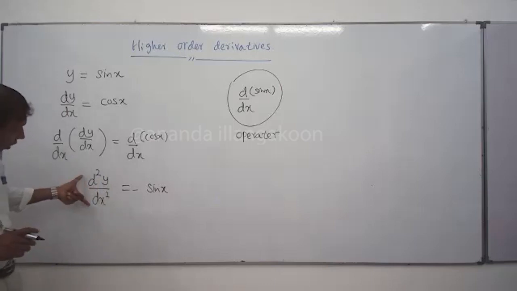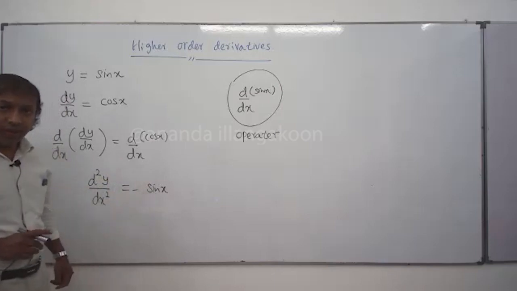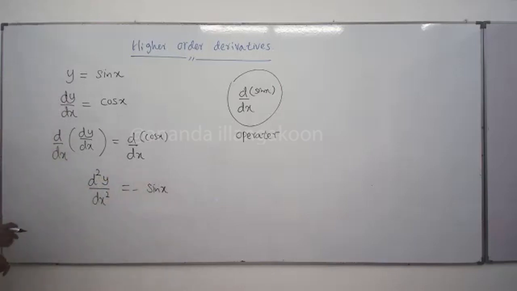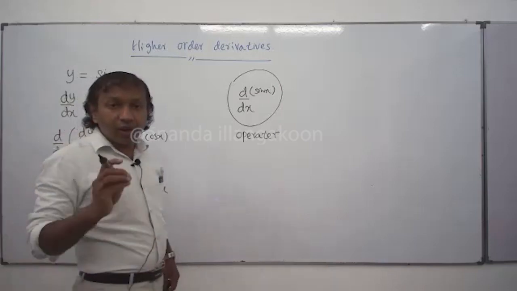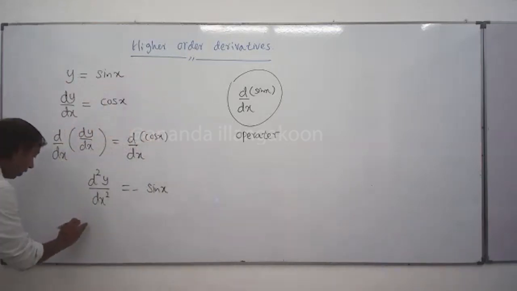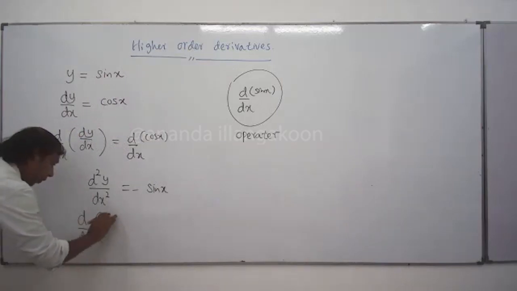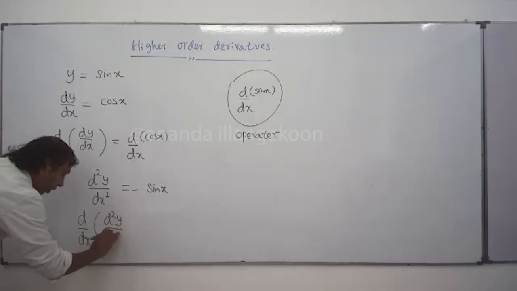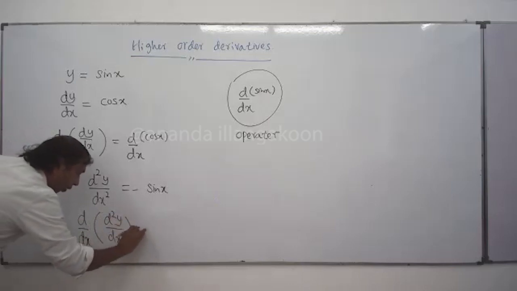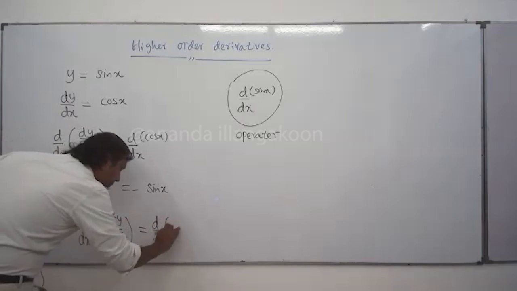Now suppose we are going to differentiate this again with respect to x. Then again we have to apply to both sides the differential operator d upon dx. Once we apply that, this is what we get: d upon dx of d2y upon dx2. On the right hand side, d upon dx of minus sine x.